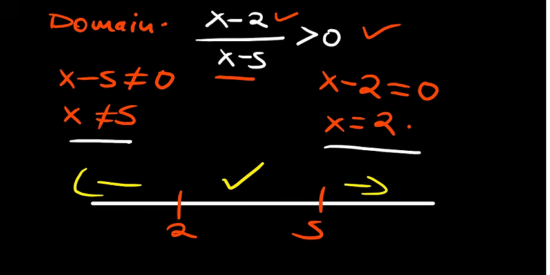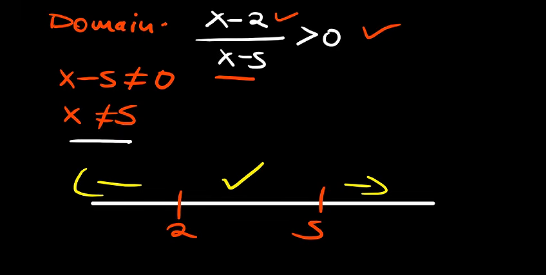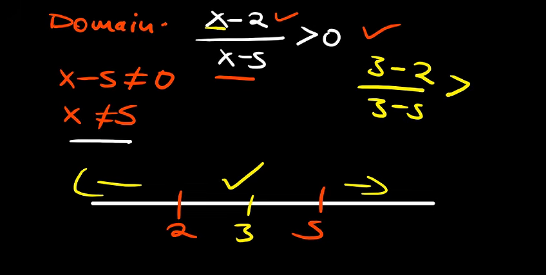So I'll first of all start by getting a value between 2 and 5. Which is basically the easiest one? The smallest one can be, okay, let's get 1. Actually 1 is not between 2 and 5. So let's get maybe a 3. If we get a 3, we plug into the function at every point where we have our x. So we have (3 minus 2) divided by (3 minus 5). It should be greater than what? 0.